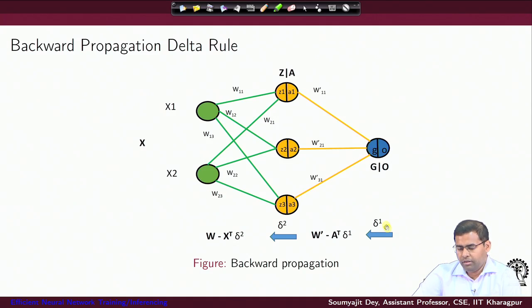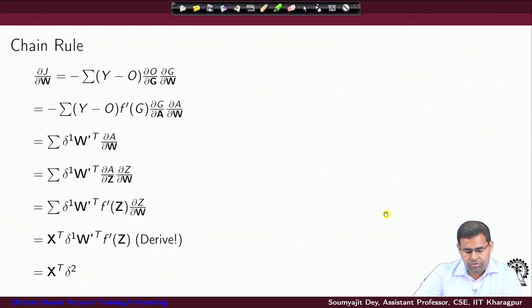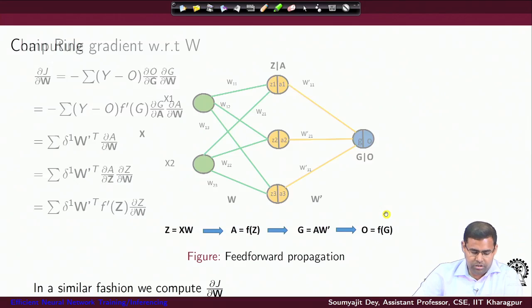What do we mean? We have gone through the forward propagation, that gave me the value of delta 1. You now have to apply delta 1 to this matrix to get delta 2, because you are going to use delta 1 to get a new value of this W prime.